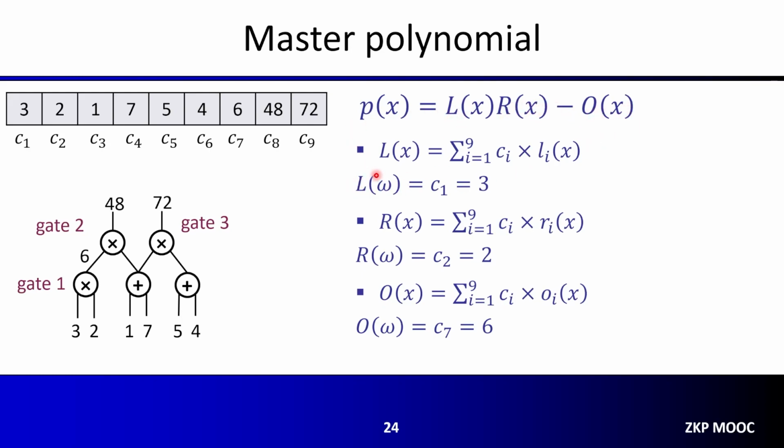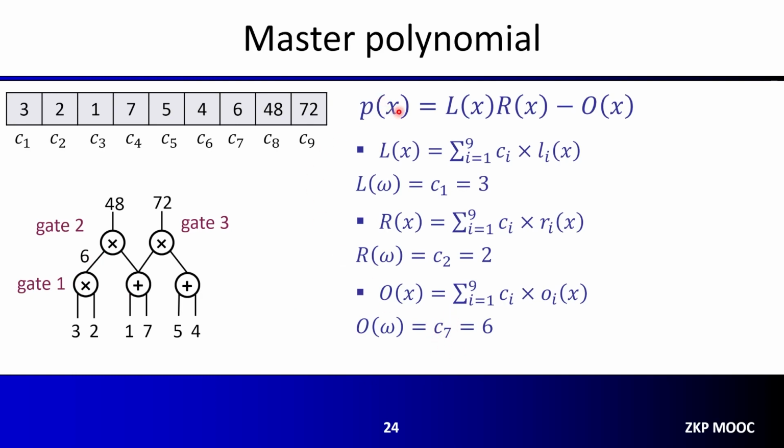So what is L of omega? From previous slides, we know that it's basically selecting the left input of gate 1, and that should equal C1 because of the definition. Similarly, R of omega is selecting the right input of gate 1 and equals C2. And O of omega is selecting the output of gate 1, which is C7.